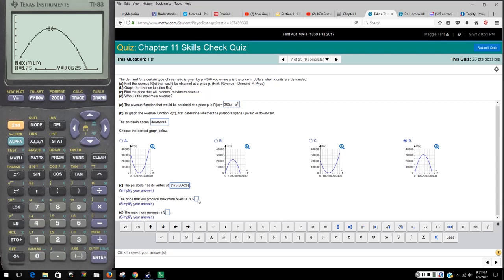And then it says the price that will produce the maximum revenue. Okay, this is the number of units demanded. The blue line is the revenue, R of X. That vertex tells you where the maximum revenue is, and the maximum revenue is the Y value of that vertex.